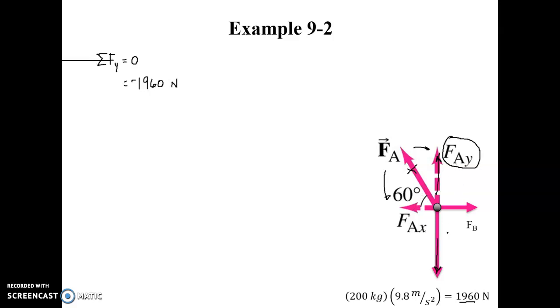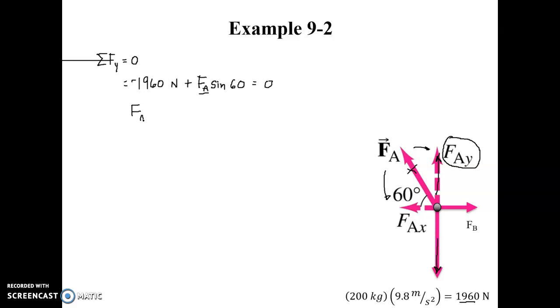So in the vertical direction, we've got the weight and FAY, and FAY was FA sine of 60. And that is all going to be equal to 0. So we have our equation here with just one unknown, so we can solve for that.